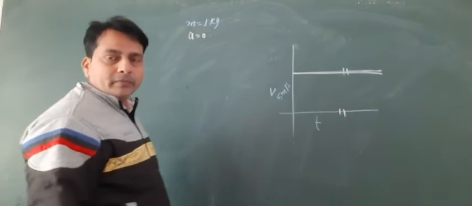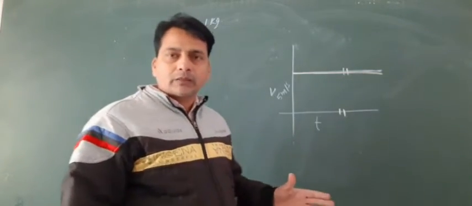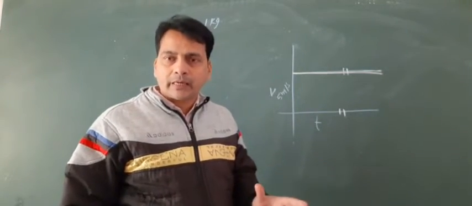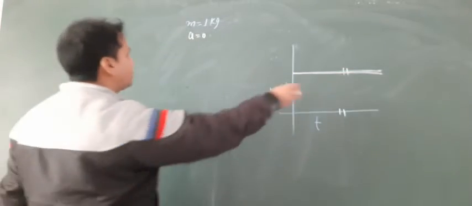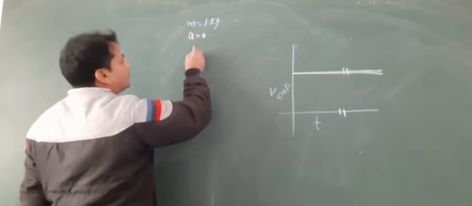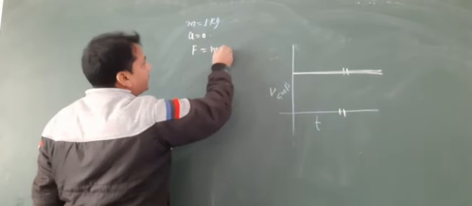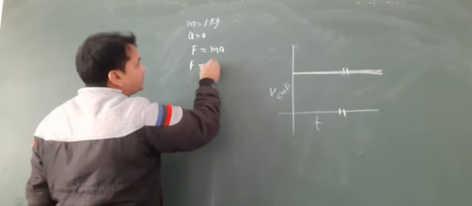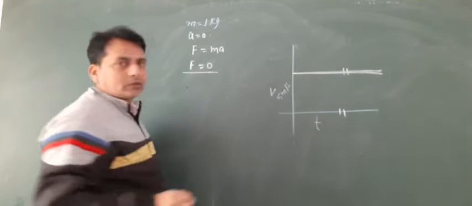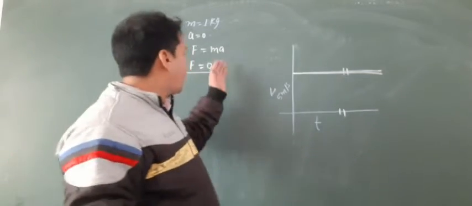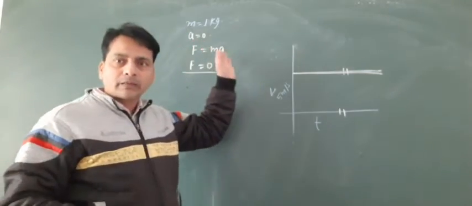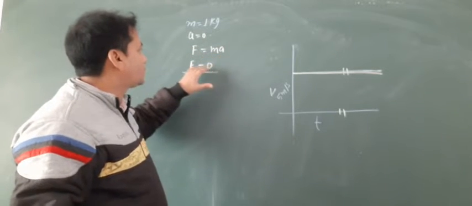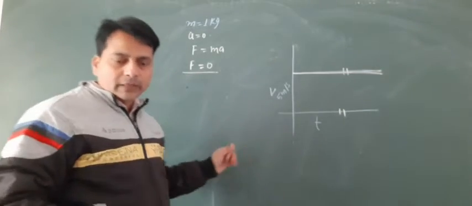According to Newton's second law of motion, the force is the product of mass and acceleration, F equal to m into A. So the force on this velocity time graph is 0, because the acceleration is 0. With A equal to 0, the force will also be 0. Now the next question.